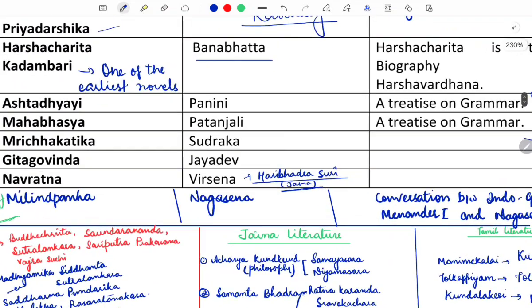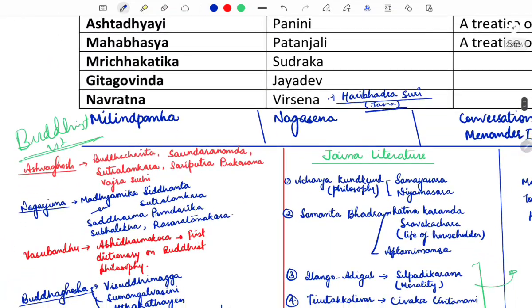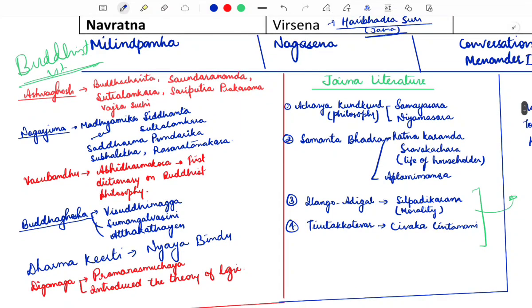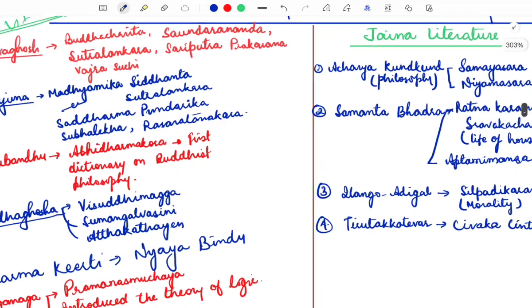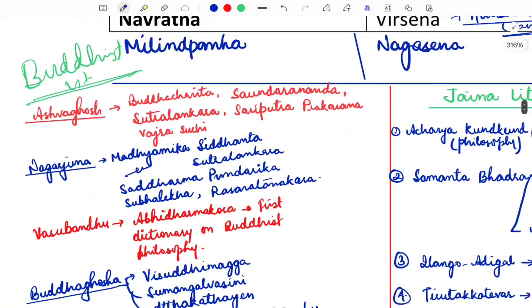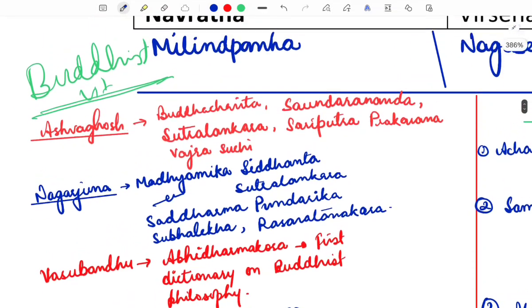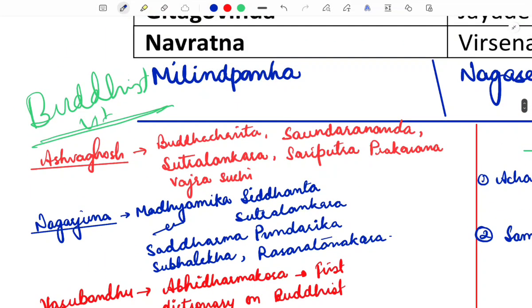So this was the whole thing you needed to remember, and apart from that, a few more things you need to remember. Not all of this which I have written, but as I said, I'll be dealing with all these things in a separate section, and because of that, first I'll be discussing Buddhist sources, and many things will be repeating from the earlier list.